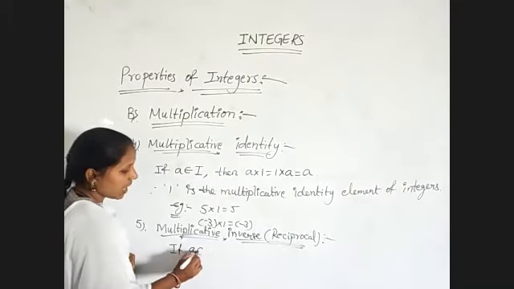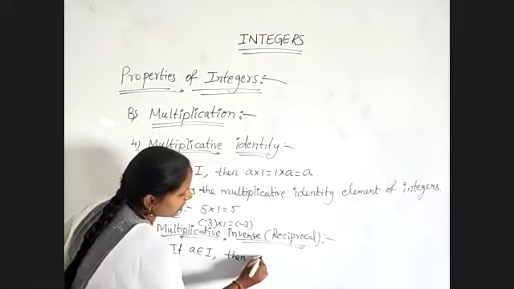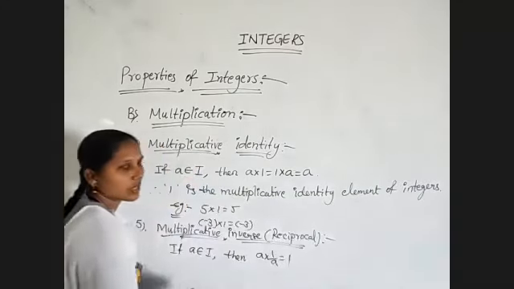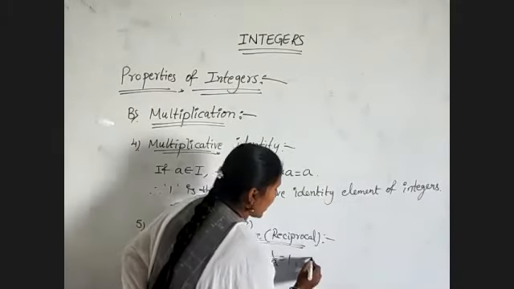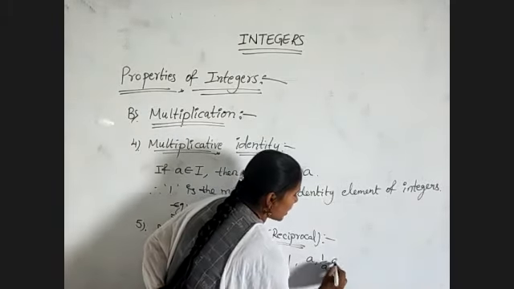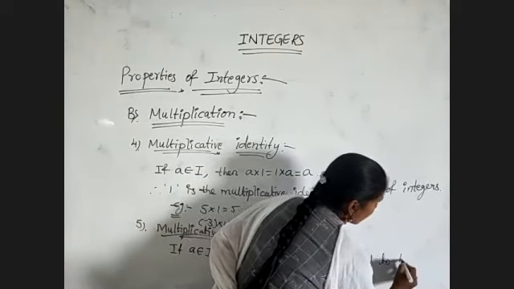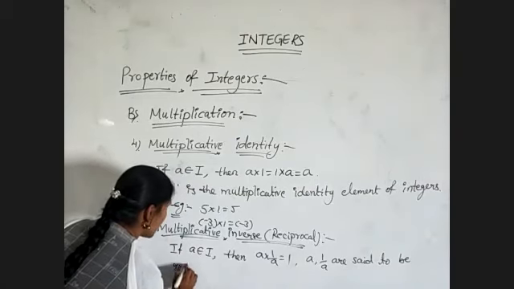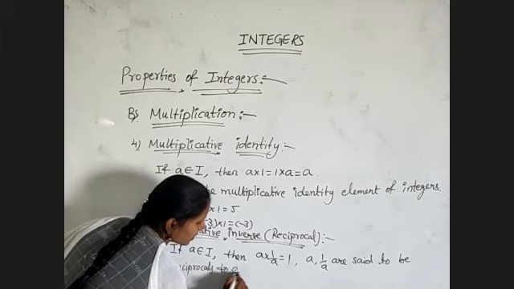If a belongs to I, then a into 1 by a is always equal to 1. So a and 1 by a are said to be reciprocals of each other or multiplicative inverses.